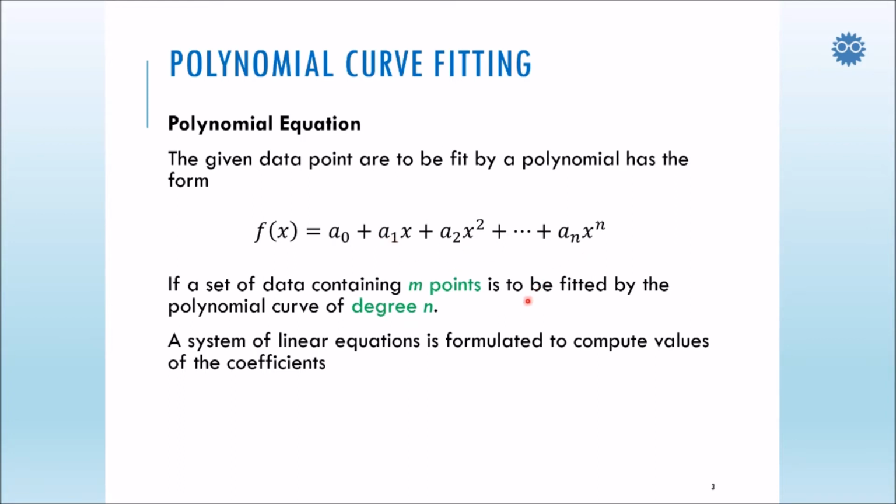For that reason, we will create a system of linear equations like this, where we have a coefficients matrix and an unknowns vector. This vector is the values of a0, a1, and up to an, the coefficients of the polynomial. And finally, we have here a vector of constant terms.